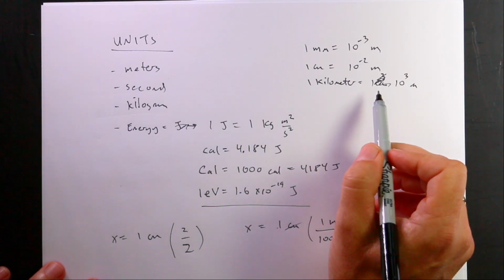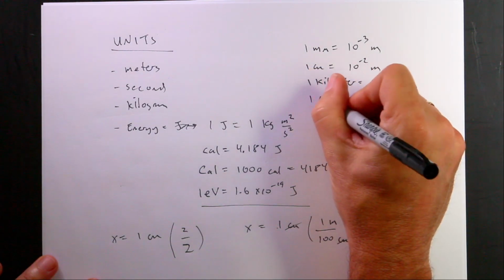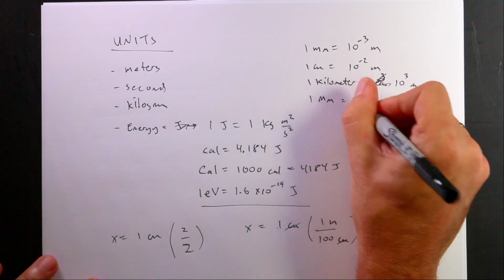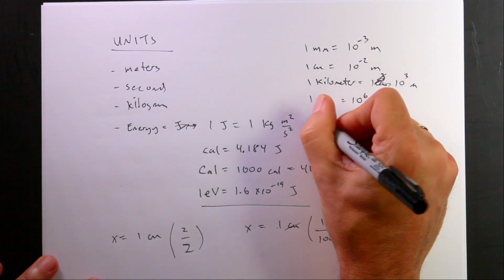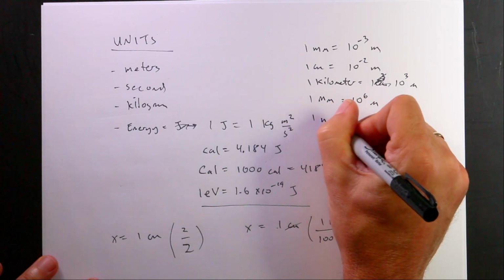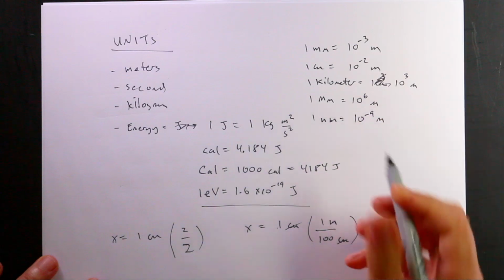Those are the ones you'll see for normal size objects. There's another one like mega. 1 megameter, with a capital M, is 10 to the 6 meters. A nanometer, 1 nanometer, lowercase n, is 10 to the negative 9th meters. You should probably memorize these.